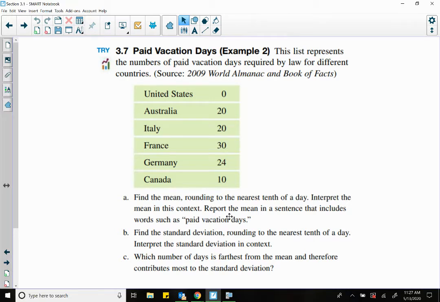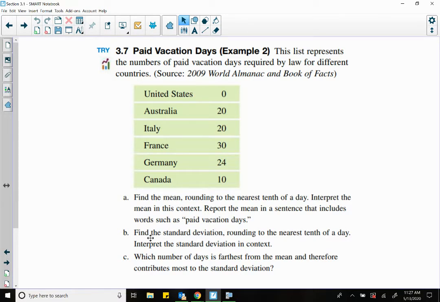See, there we go. And I use such words as paid vacation days. Okay. And it's important to say that it's an average because that's what the mean is. Okay. It's an average of all these. Okay. So on average, between these 6 countries, individuals got 17.3 paid vacation days.